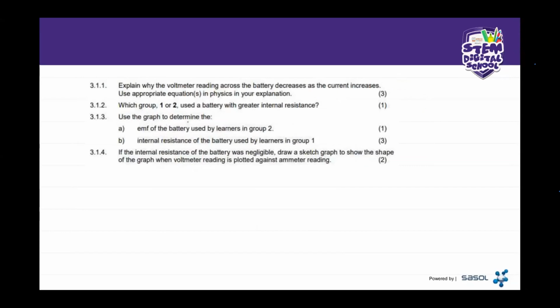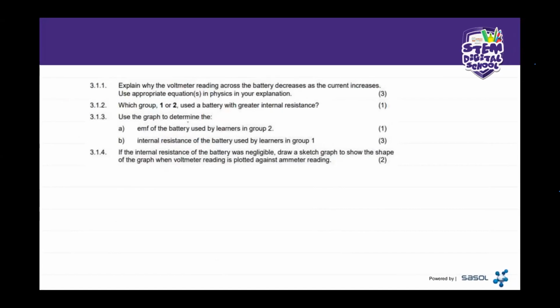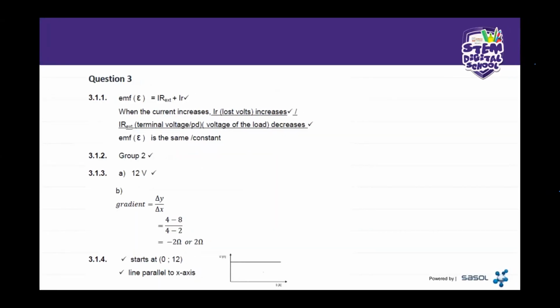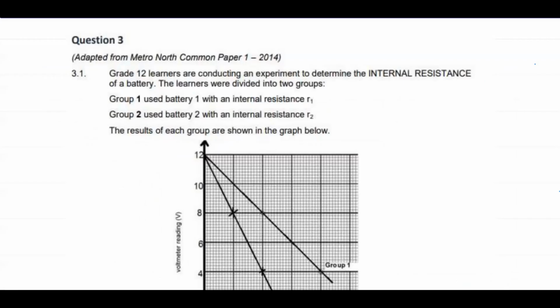So on 3.1.2 it says, use the diagram to determine the EMF of the battery used by the learners in group 2. The EMF of the battery, it's 12 volt, right? Because how do you check? You check it here from where it starts.